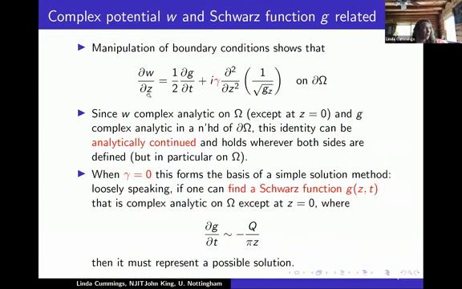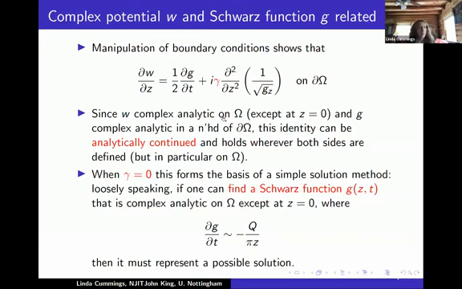So we have dW by dz equals 1/2 dg by dt plus this rather messy looking term here, which is the term that contains the surface tension parameter. And that comes from manipulation of the boundary conditions. So in the first instance, you can just say that this relation holds on the free boundary. But then you can take that further because you know that the complex potential W is complex analytic on the whole fluid domain, except at the driving singularity.